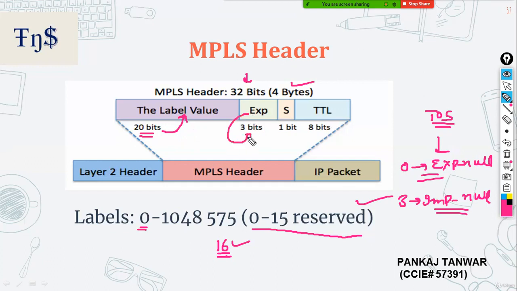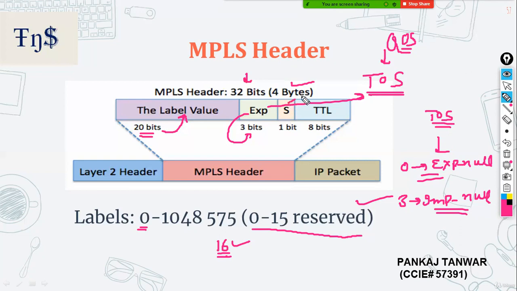The next 3 bits, earlier they were known as the experimental bits, but now these are called the type of service bits, or we can say these are used if we are also using the quality of service in MPLS. The next bit is the S bit, which is called the bottom of stack bit. What it means is that in MPLS we can have more than one label.